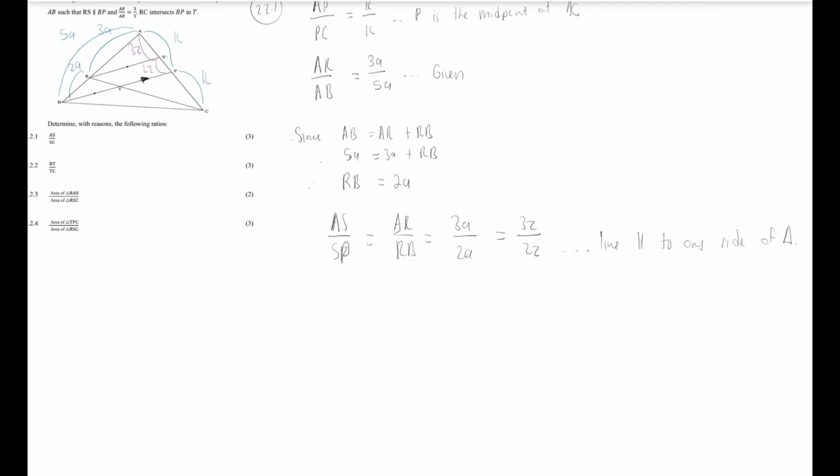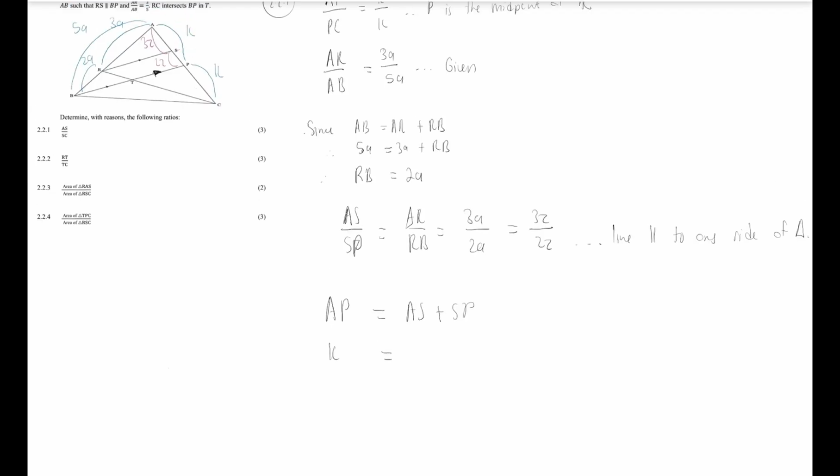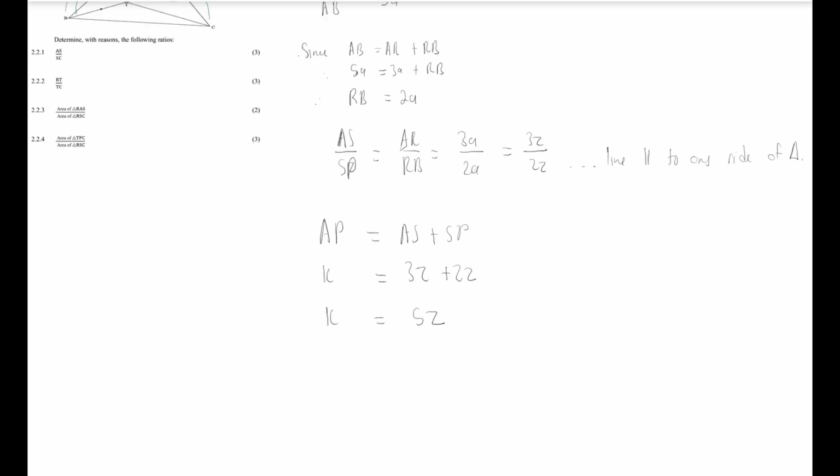So now here, what we see is that the AP is equals to AS plus SP, which means that this K is equals to 3Z plus 2Z. And therefore K is going to be equals to 5Z, like that.